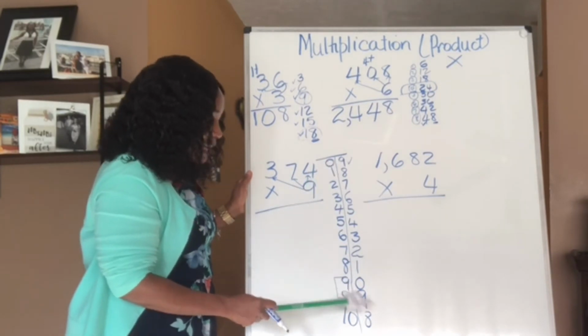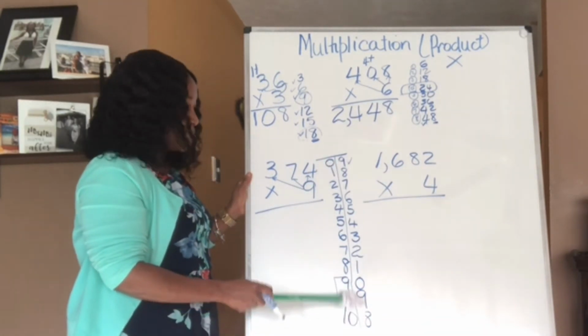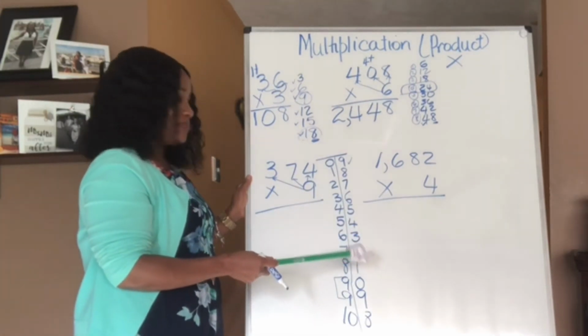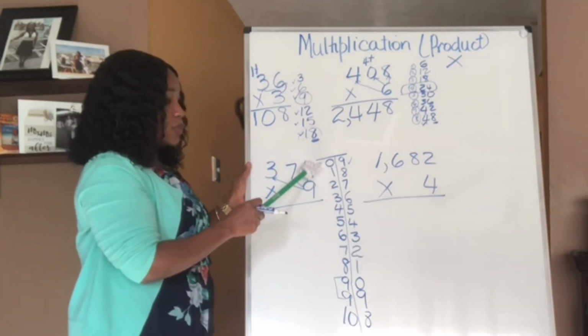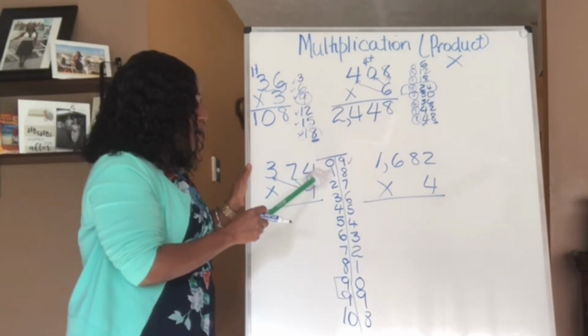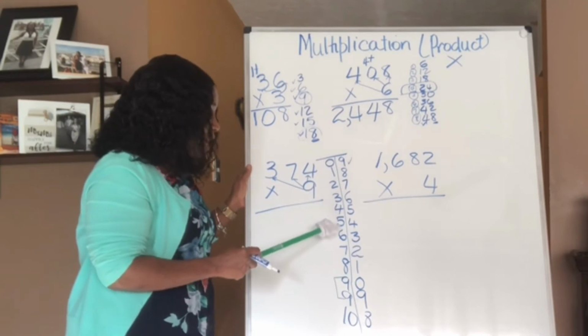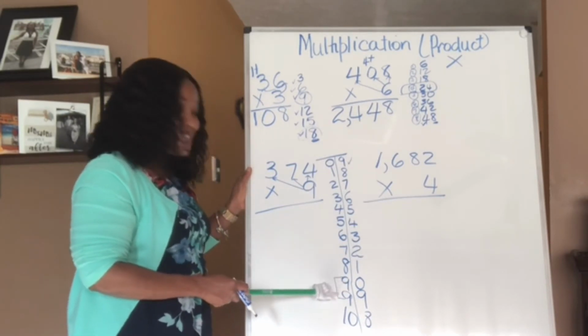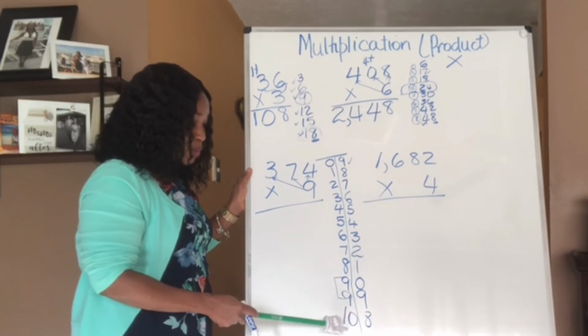So 9, 8, because we're multiplying until 12 times 9. Then here, we start at 0 on this side, and we're counting up. 0, 1, 2, 3, 4, 5, 6, 7, 8, 9. But we have to repeat this 9 and then we go to 10.